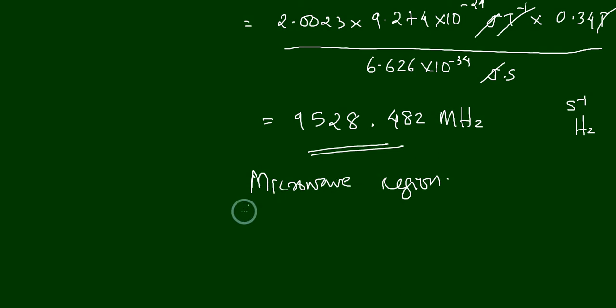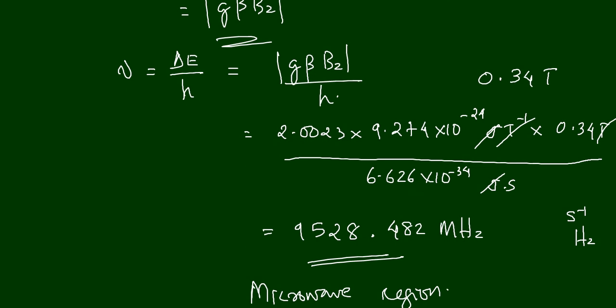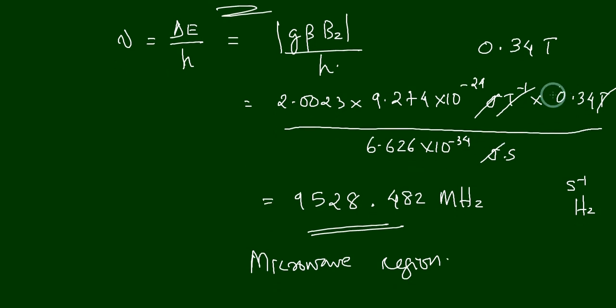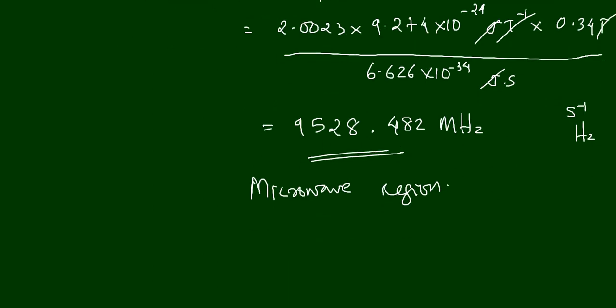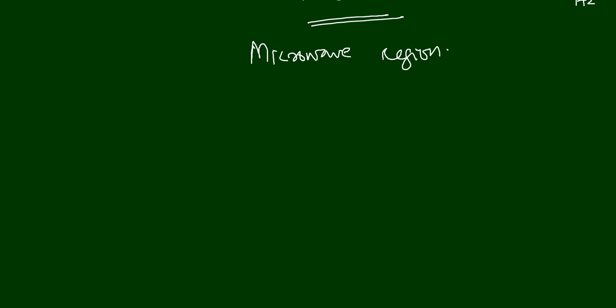So if you are measuring the ESR spectrum in terms of frequency, that frequency will definitely depend upon the field strength, and this frequency is obtained for 0.34 Tesla. If you apply another field strength, you will get another frequency. So for a particular electron in any molecular species, you will get different values of frequency for different field strengths.